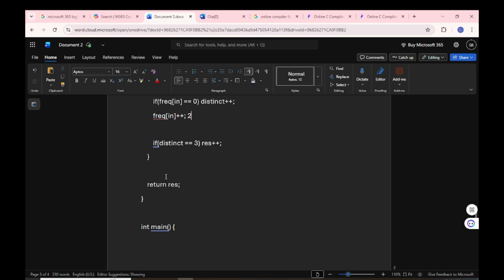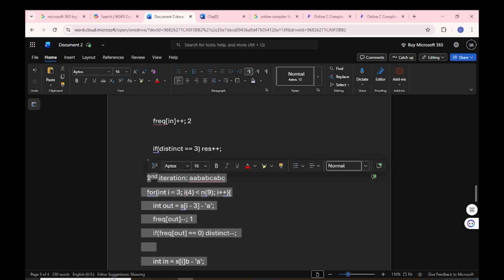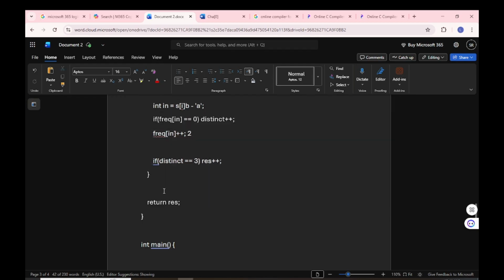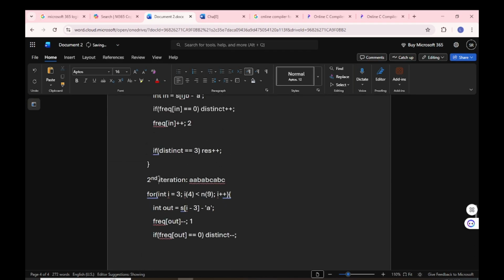So now we need to go for third iteration. Five minus 3, that means 2, 0, 1, 2. So b minus a is equal to 1, right?